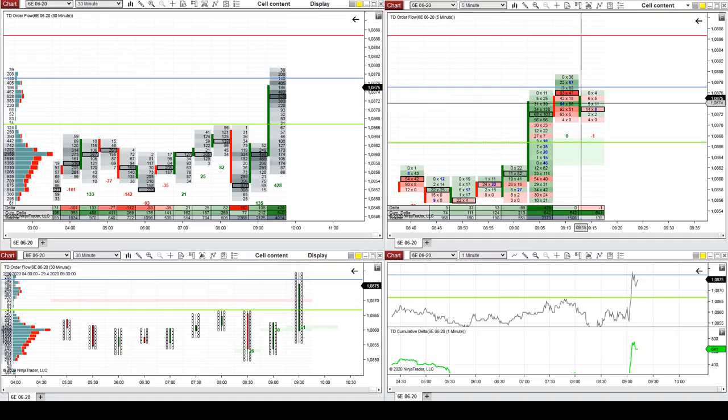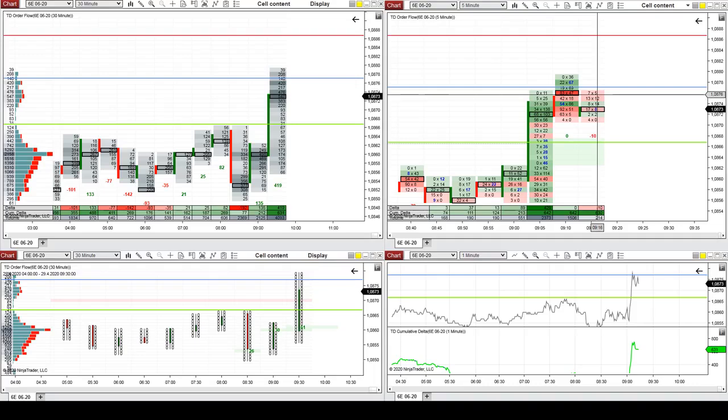So far, this footprint doesn't tell us anything important. Delta around 0, no big numbers on the bid nor on the ask.